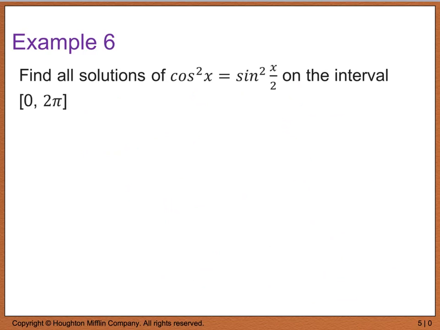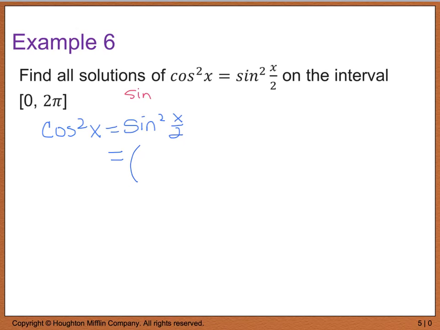Example 6 says to find all solutions of cosine squared x equals sine squared of x over 2 on the interval from 0 to 2 pi. So, to start out with, I'm just going to simplify this sine squared of x divided by 2 for now. And this is really sine of x divided by 2, squared. Let's write this above.